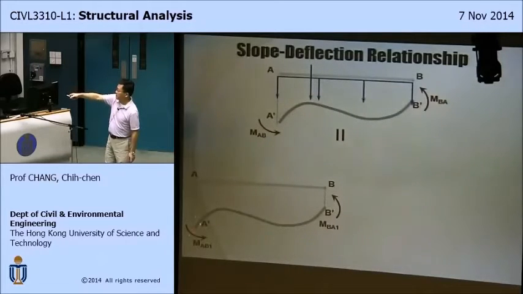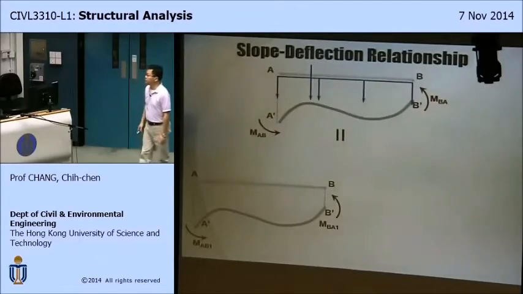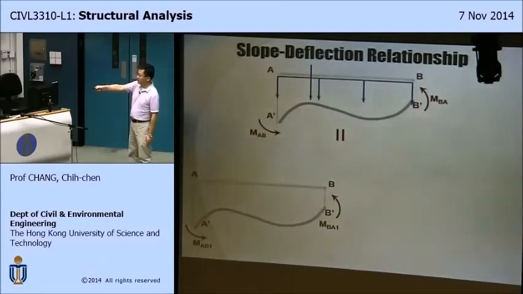One is I deform the structure into such a configuration and then estimate how much moment is there to maintain such a configuration without any force. So imagine that these are the two external forces. I apply some to the segment and then deform the segment. And I want to know what is the relationship between this and degrees of freedom.